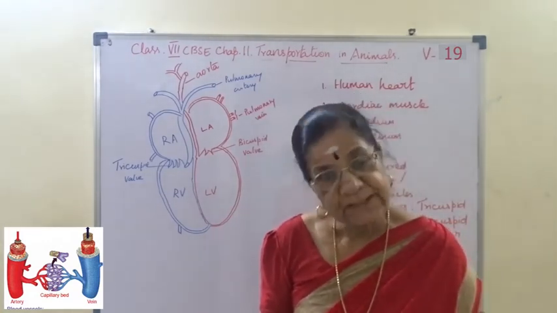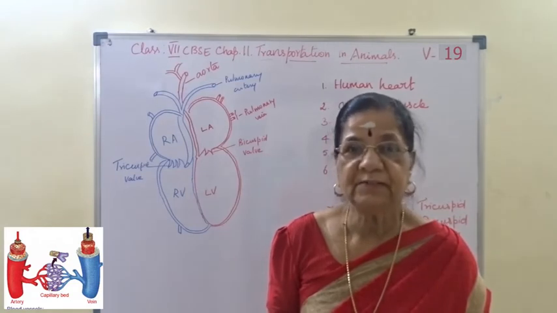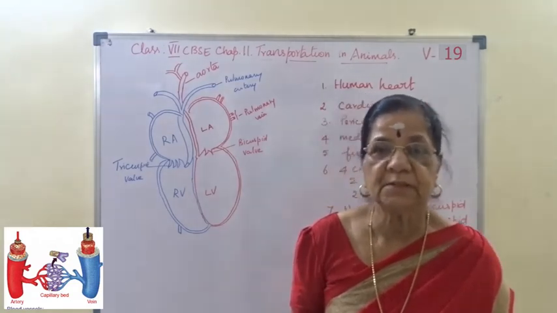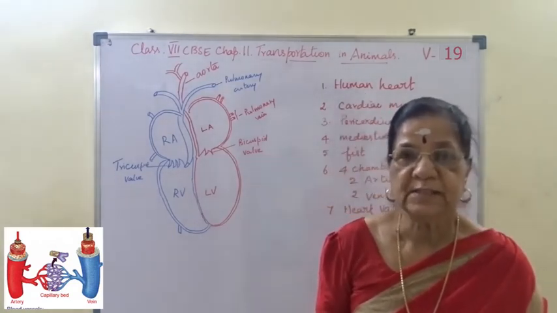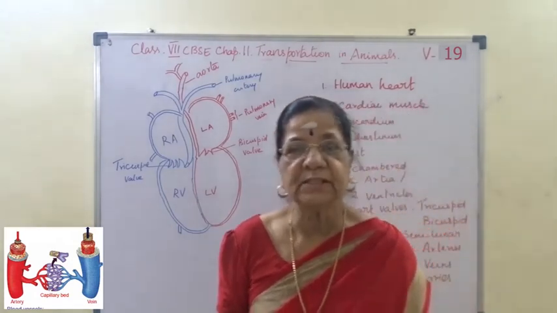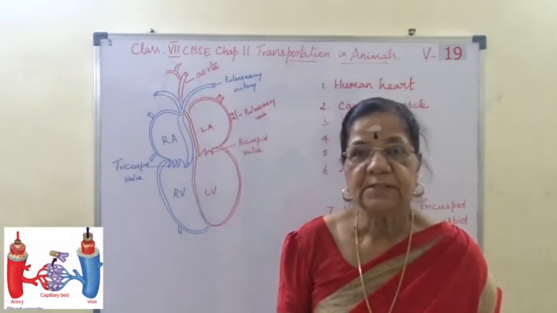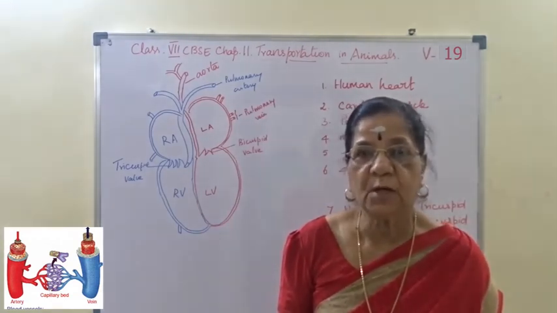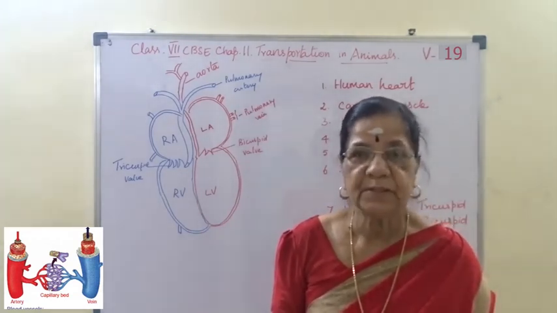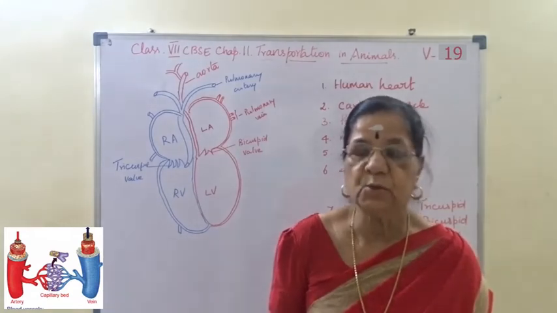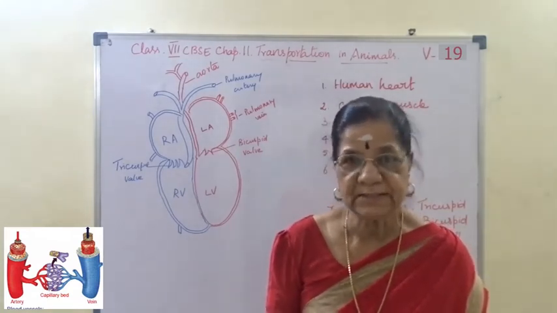Nutrition we have learned in chapter 2 in our syllabus, nutrition in animals, is it not? In that we have learned how amoeba captures the prey, forming the food vacuole, and then food is digested.